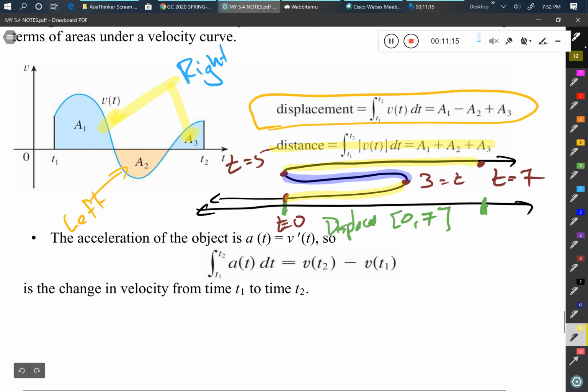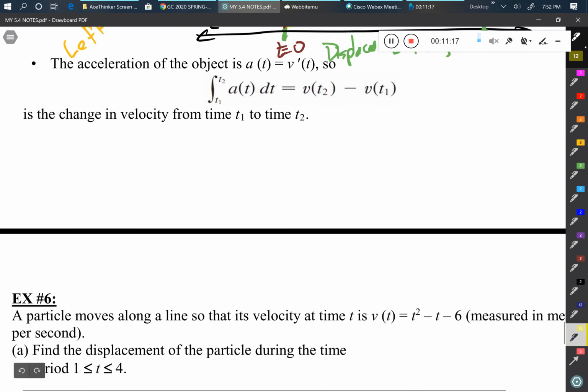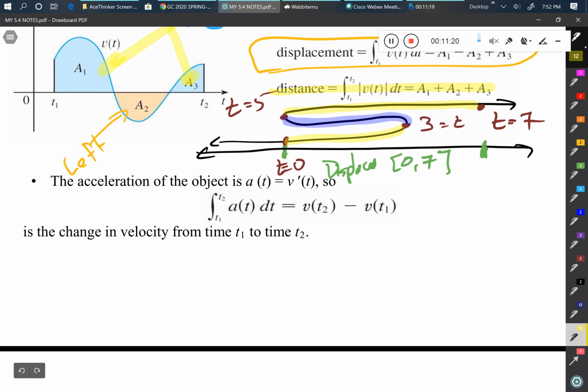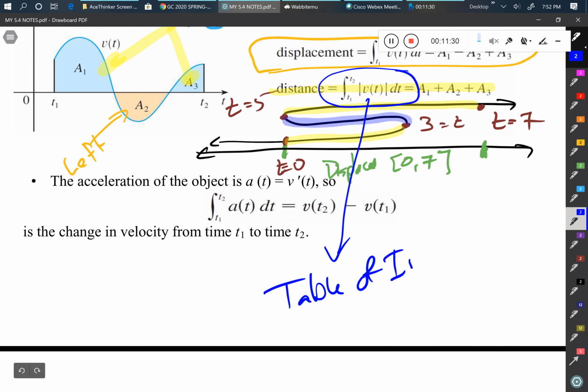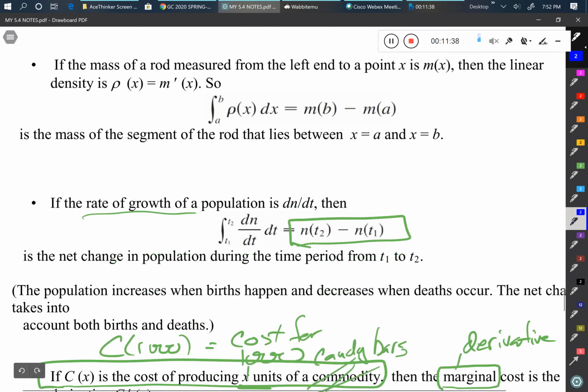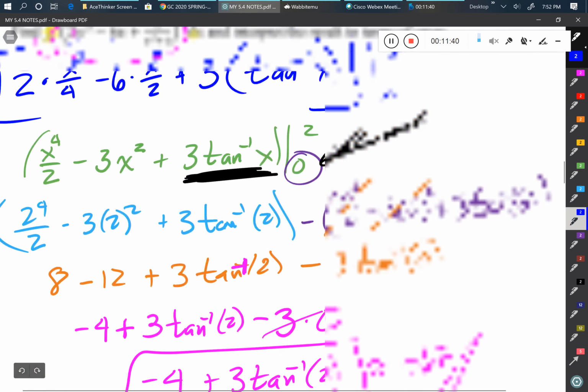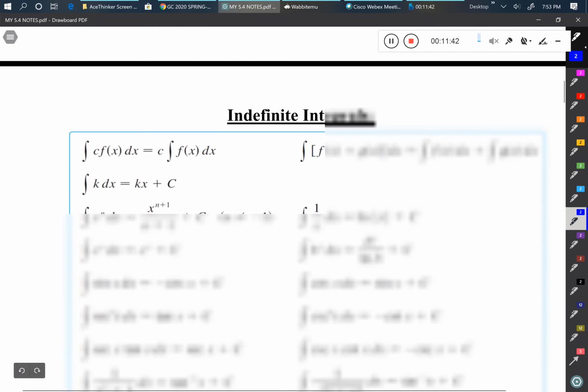All right, now something that you should be thinking about. Hey, wait a second. I never once saw in the table up there anything to do with taking the integral of an absolute value. In fact, if I go back up to it, there it is.